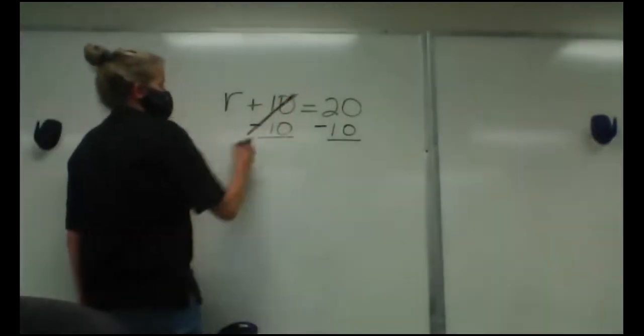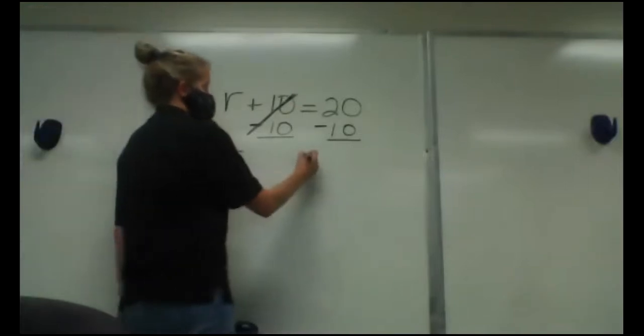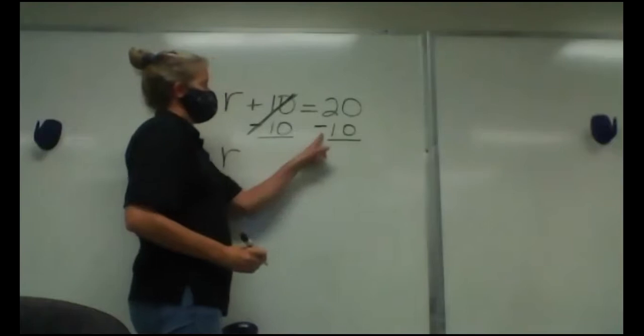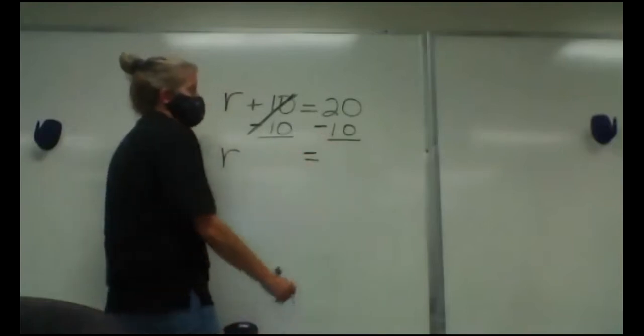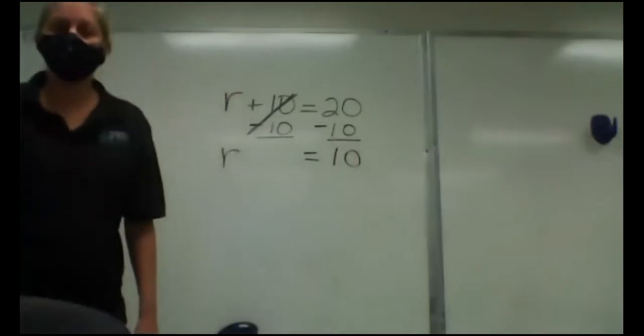Plus 10 minus 10 cancels. There's my R. Equals 20 minus 10 on this side, since I had to subtract 10 over here, and 20 minus 10 just gives me 10.